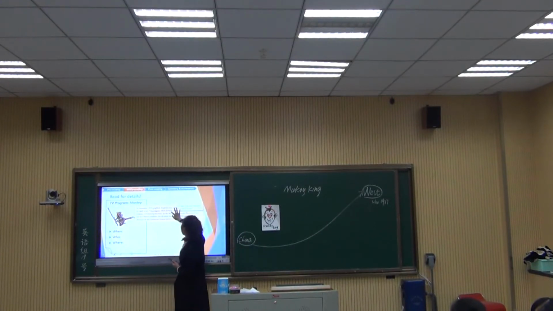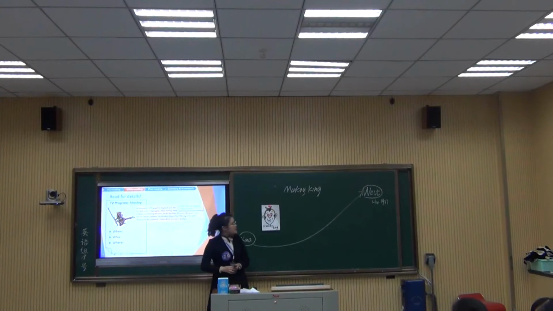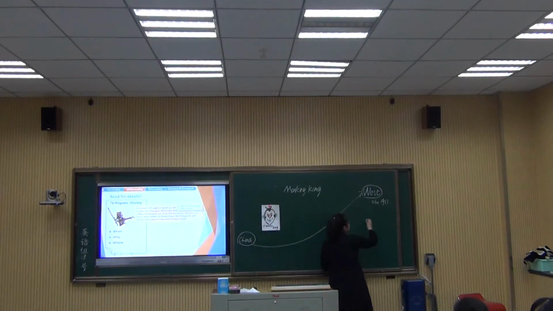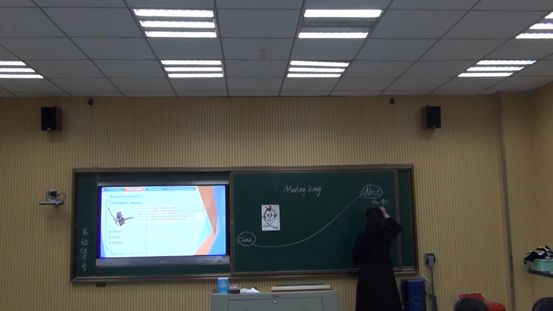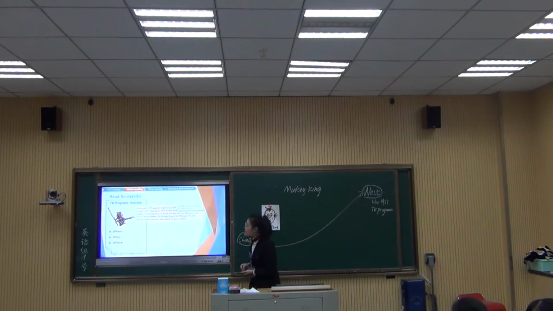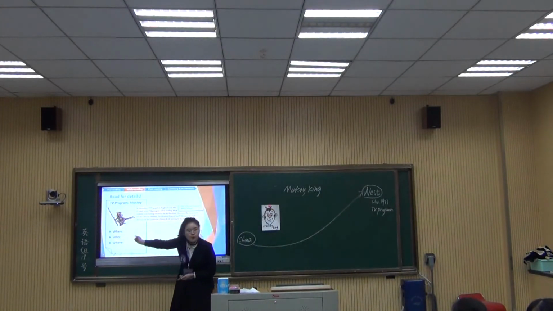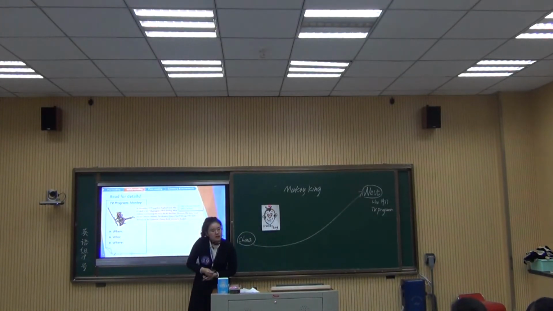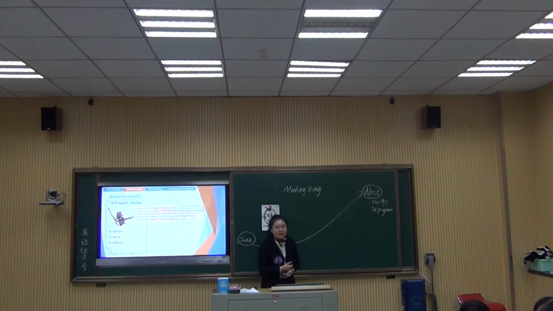Yes, TV program called Monkey. And who is being introduced? Monkey King. Yes, they are introduced to whom? To English children. Yes, the pupils in England. Yes, you are so clever.